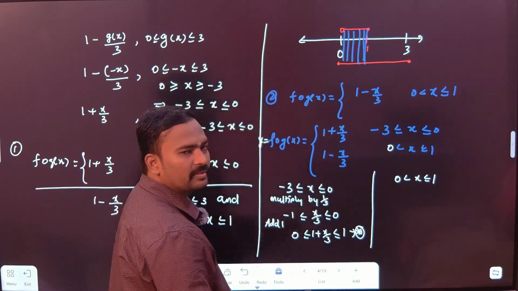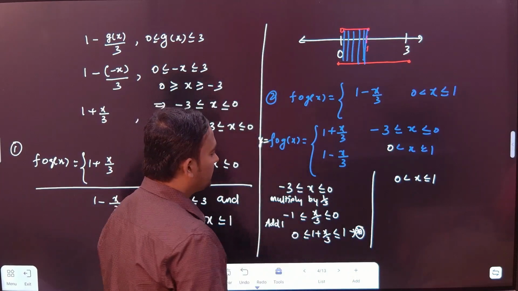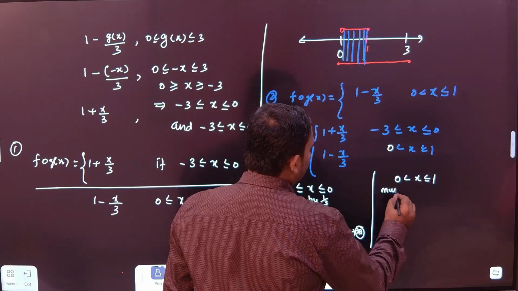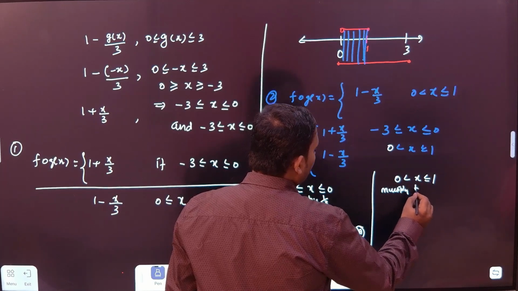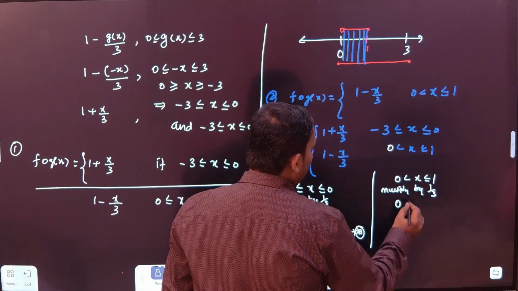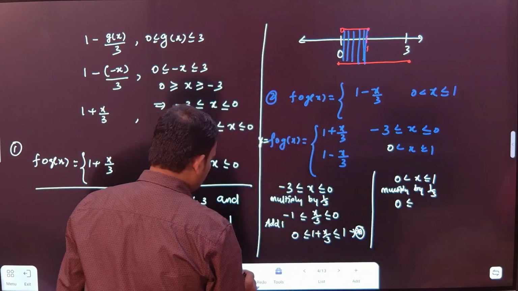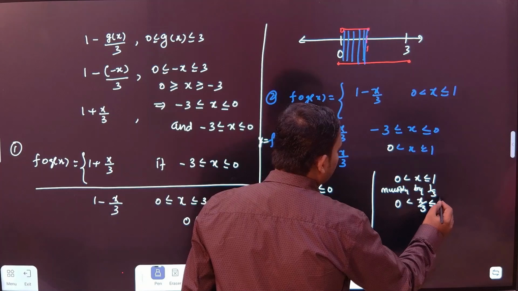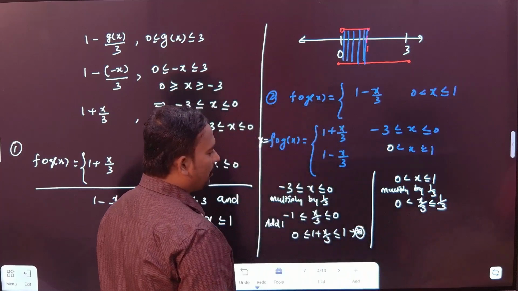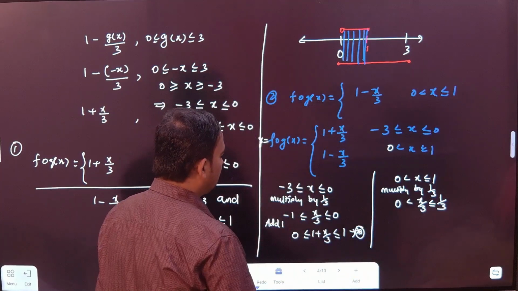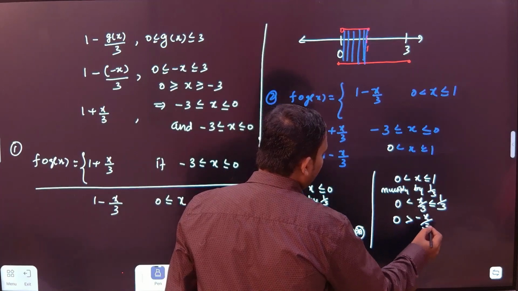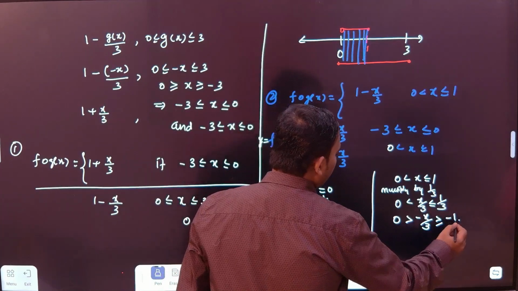First, you can see 1 by 3 you have to multiply and then multiply by minus 1. Multiply by 1 by 3, what will we get? 0 less than x by 3 is less than or equal to 1 by 3. Now you can multiply by minus 1. So, 0 is greater than minus x by 3 is greater than or equal to minus 1 by 3.